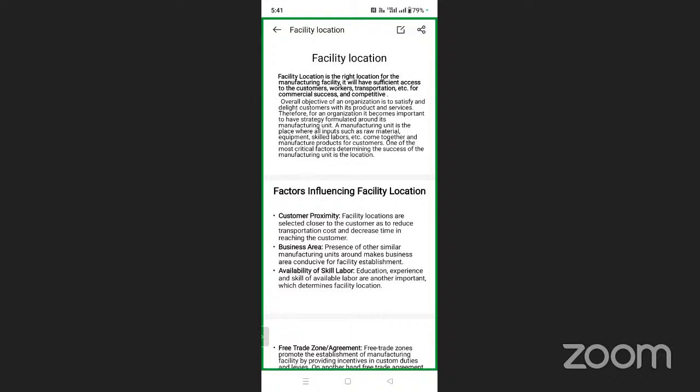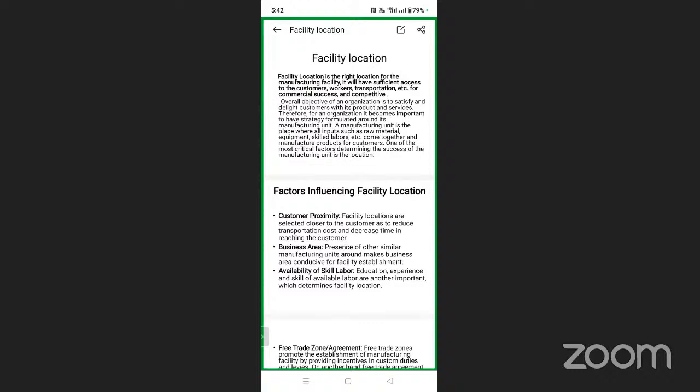The second one is the business area. Business area means what? Whether the site is in a rural or urban area, it should be suitable for the product you are producing. Business area means suppose we are doing business, and you have already developed the facility establishment.